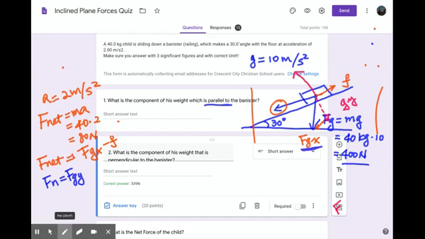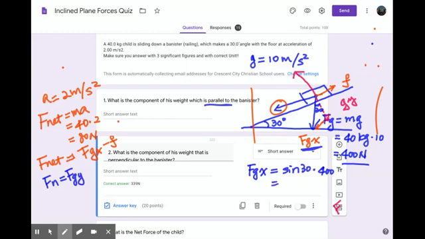So, how do we find FGX? Remember, since the ramp is 30, this angle will be 30 as well. So FGX is opposite. That'll be sine 30 times your hypotenuse, which is the total weight Fg, which is 400.